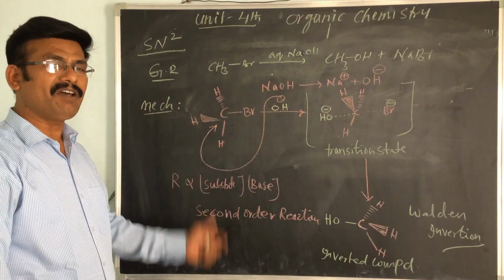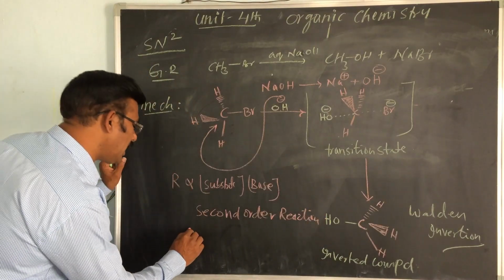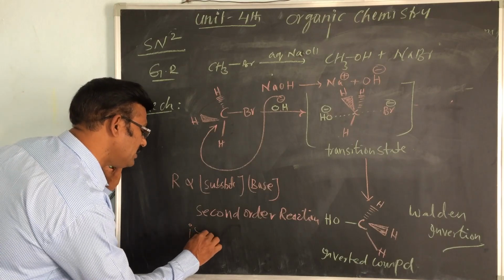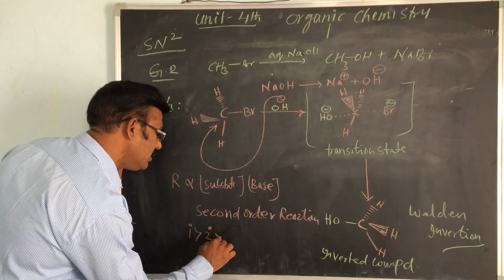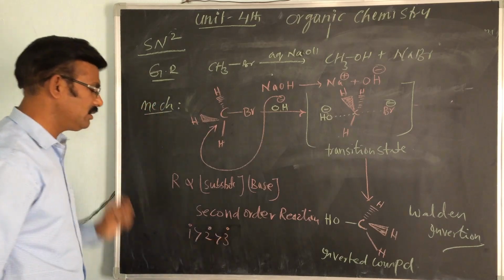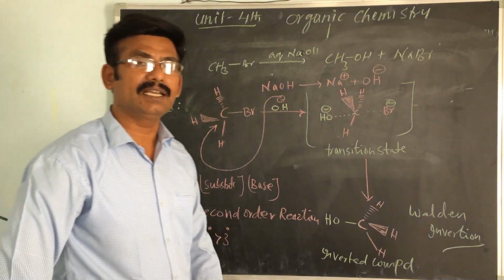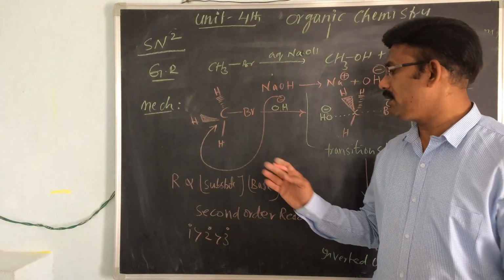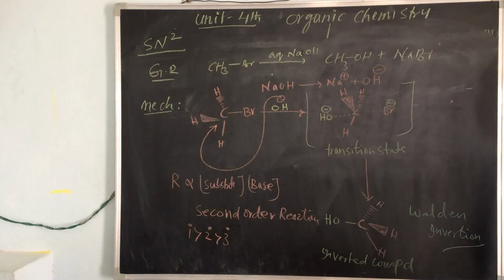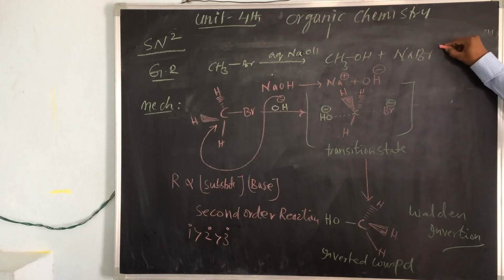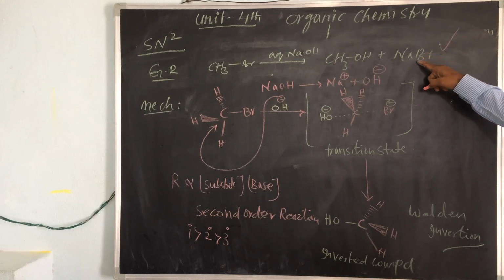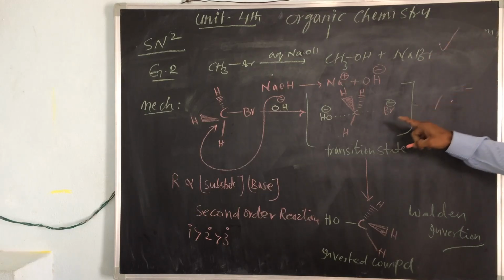It is more favorable for primary alkyl halide than secondary and tertiary alkyl halide. The primary alkyl halide gives more product than the tertiary alkyl halide. So for the SN2 reaction, first write down the general reaction, then the mechanism. There is only a single step.